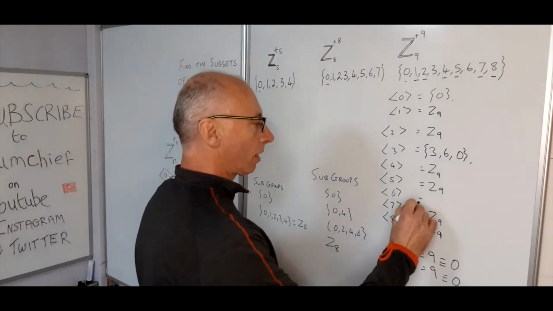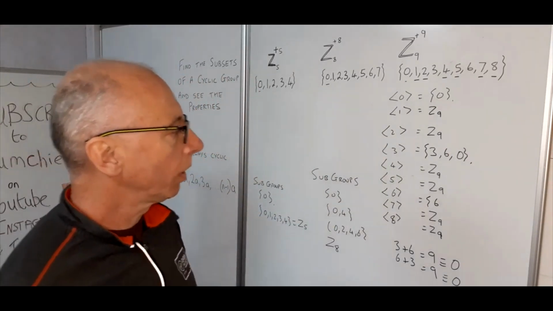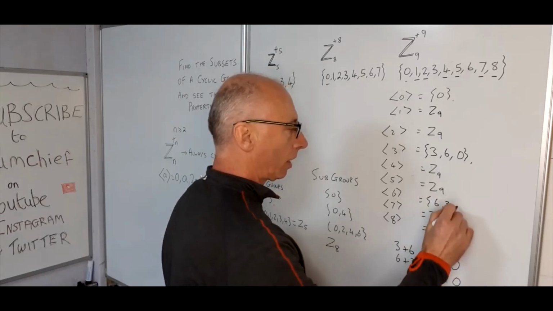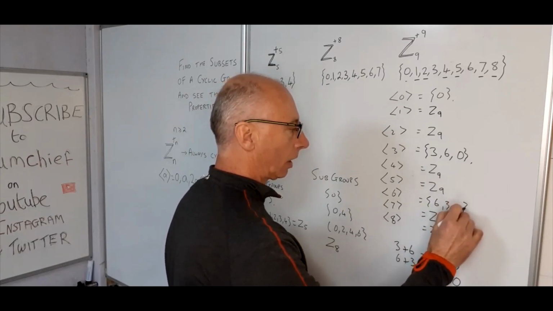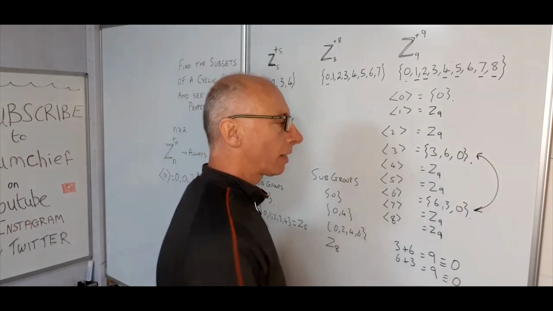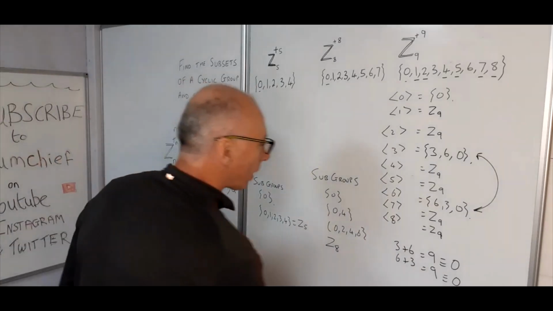And then for 6, 6 plus 6 is 12. 12 mod 9 is 3. And 3 plus 6 is also 9, which yields 0. So then we can see that these two are in fact the same subgroup. So let's write that down now.